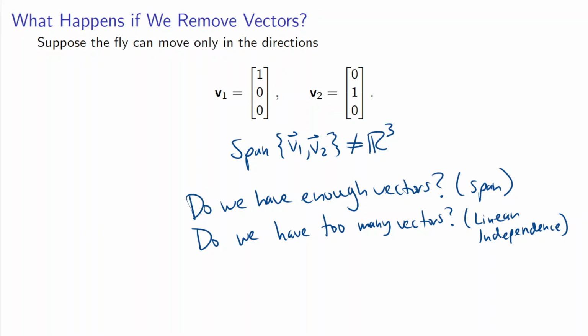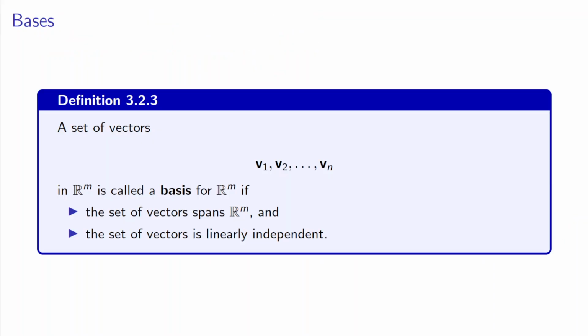And if we answer both of these questions, that we have enough and we don't have too many, then what we are dealing with is what's called a basis. So let's go ahead and define that. We say that a set of vectors v1, v2 up through vn is called a basis for Rm if the set of vectors spans Rm and the set of vectors is linearly independent.